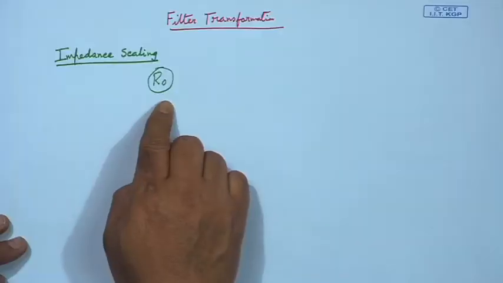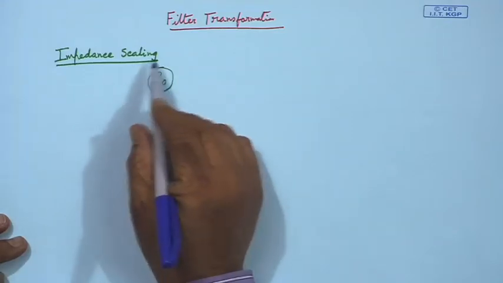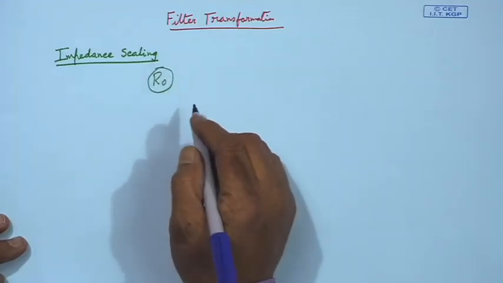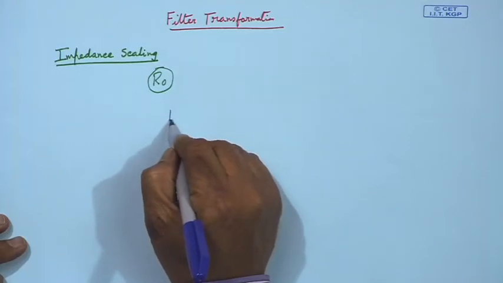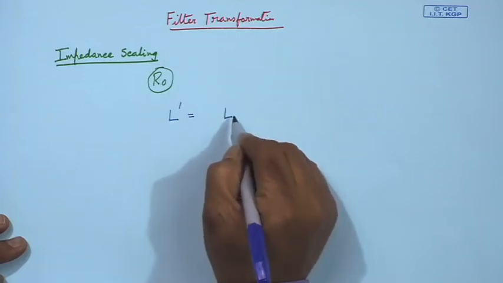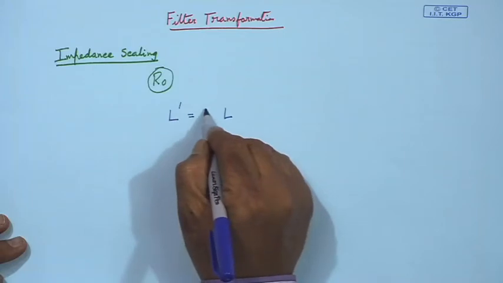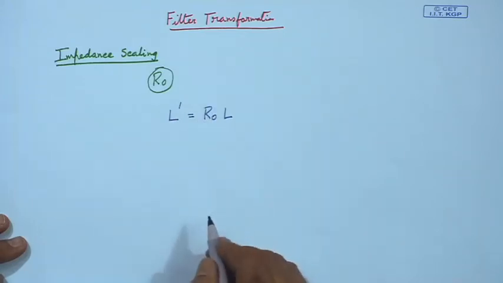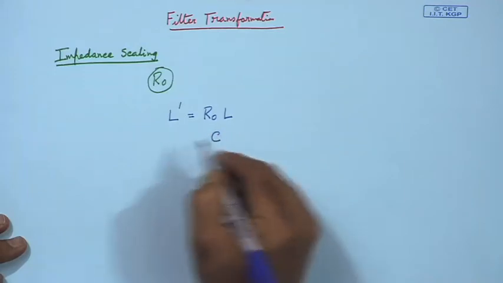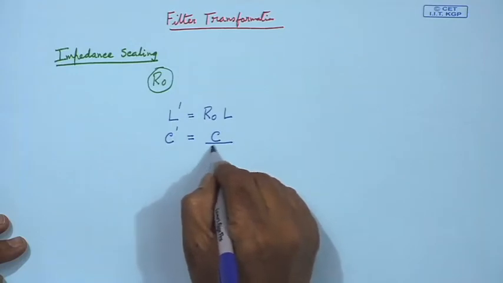When we change the source resistance from 1 ohm to R0 ohm, after impedance scaling the impedances become primed quantities. Suppose in the low pass prototype it was L; after impedance scaling it becomes L dashed, and the multiplier will be R0 L. Similarly, if originally it was C, then here it will be C by R0.